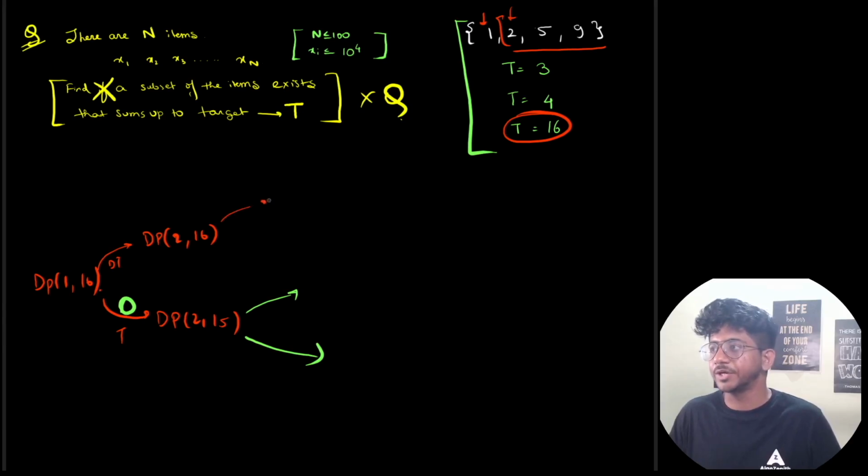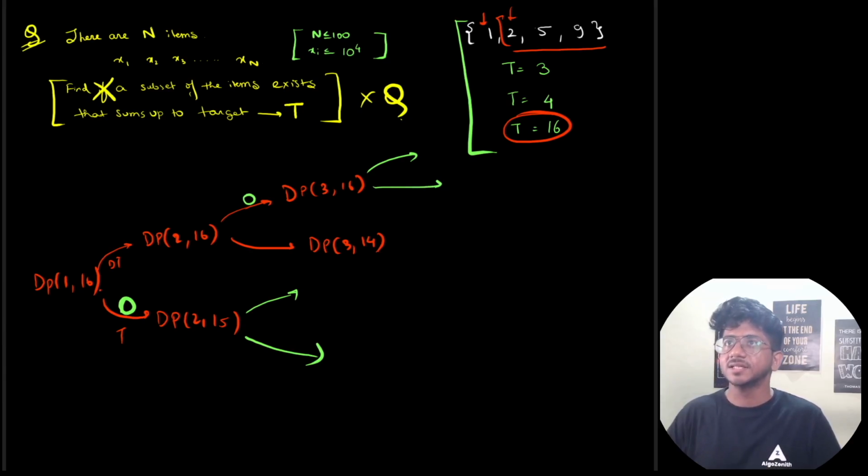If you don't take it, you're going to reach DP of 3 comma 16 again, and if you take it, then you are reaching 14. Now if you don't take 2, you are left with only 14, so you cannot make 16. So this branch will do computations, but it will return 0. And then this branch over here is going to go further.